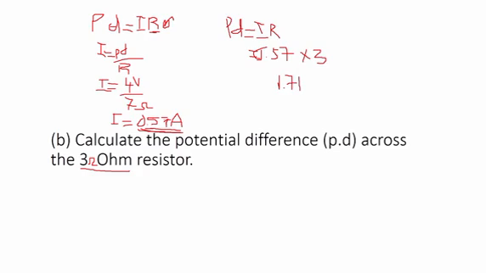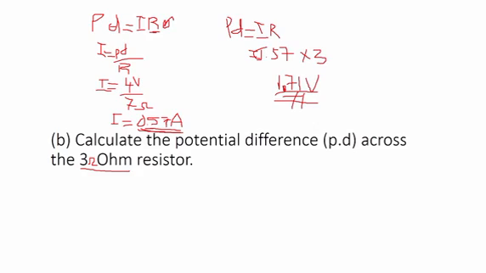The unit for potential difference is volts. So that is our final answer: 1.71 volts.